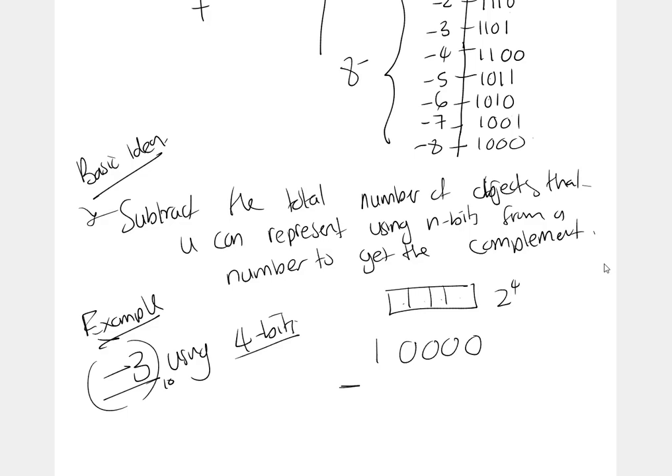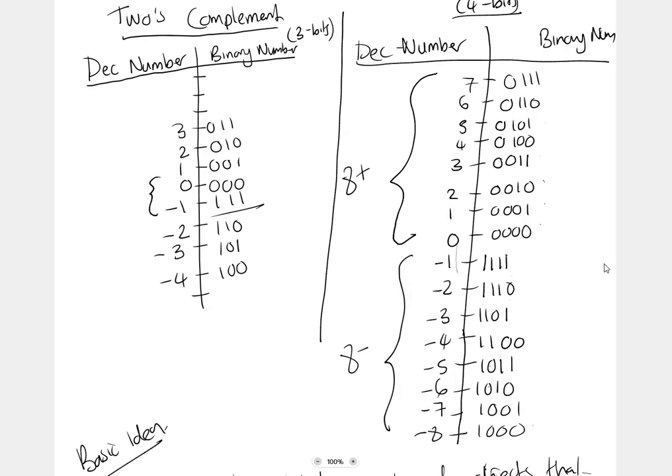So if we subtract our number 3, which is 0, 0, 1, 1, from this number, then we will get the negative counterpart. So here we've got the 3 that we're interested in getting the negative of. And so we would expect when we do that subtraction, we should get this.